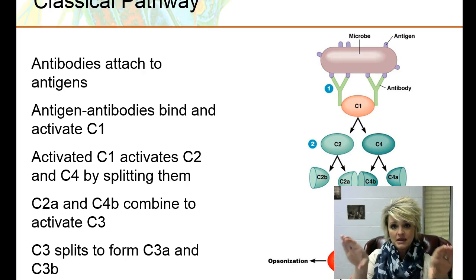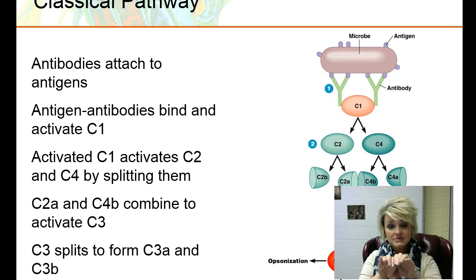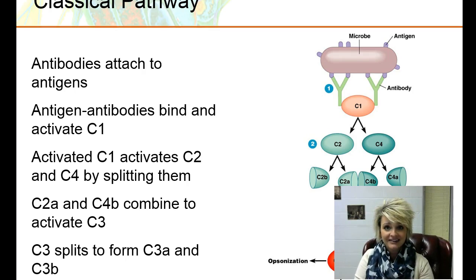C2a and C4b find each other and come together and automatically activate C3. Once C3 is activated, you then know what happens. So this classical pathway is what we are going to be most of the time doing.